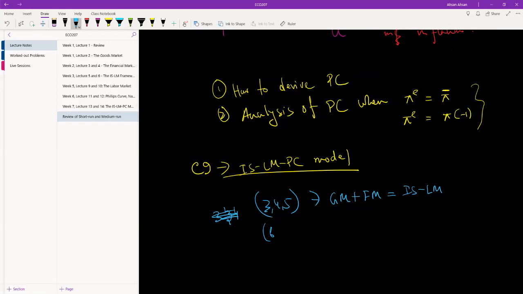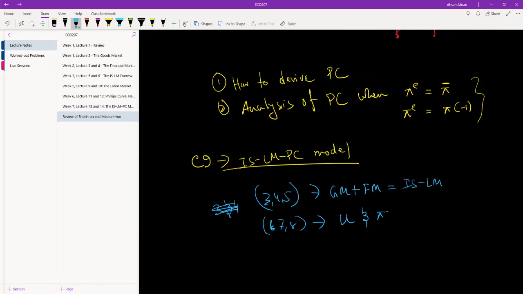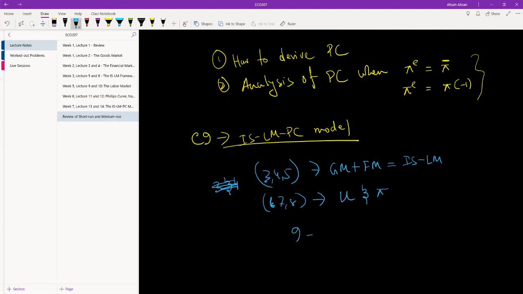Then in chapters 7 and 8, we took a look at unemployment and inflation. This gave us the Phillips curve. In chapter 9, we're going to combine these two and come up with the ISLM-PC relationship.